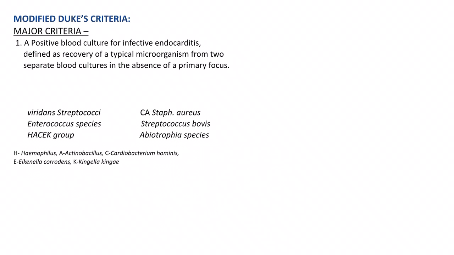These are an atypical group of microorganisms which are known to cause infective endocarditis. They are difficult to isolate on normal culture. They require special culture media for their isolation.